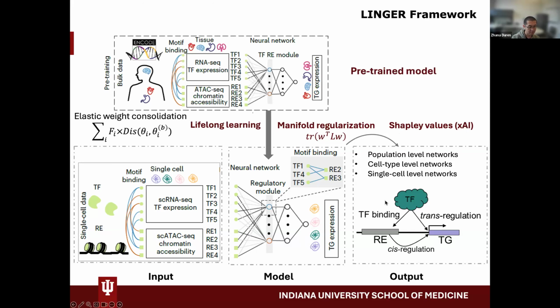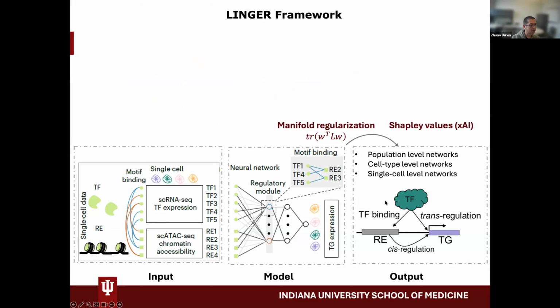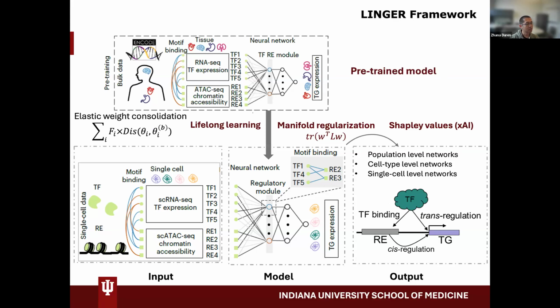But the problem here is the model is only training on single cell data, which is not enough variation, because the single cells, even if we have millions of them, are maybe very similar to each other. So the variation space is not that big. To address this, we use a pre-training strategy, similar to the foundation model and fine-tuning strategy.